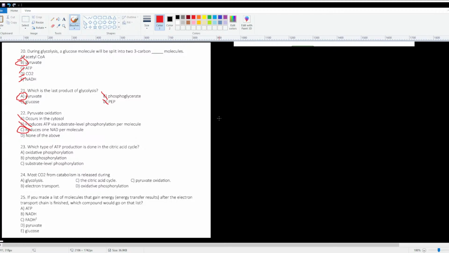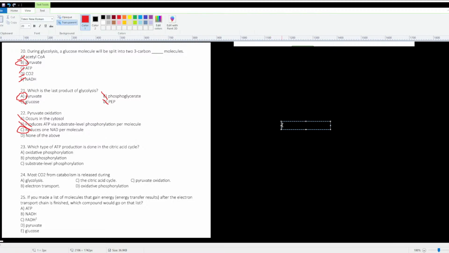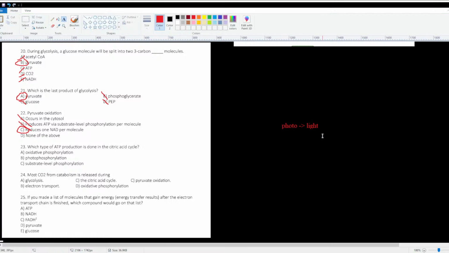And then photophosphorylation, that is just photosynthesis. Photo means light. So I'll write that down. Photo means light. That's more Latin or Greek for you.